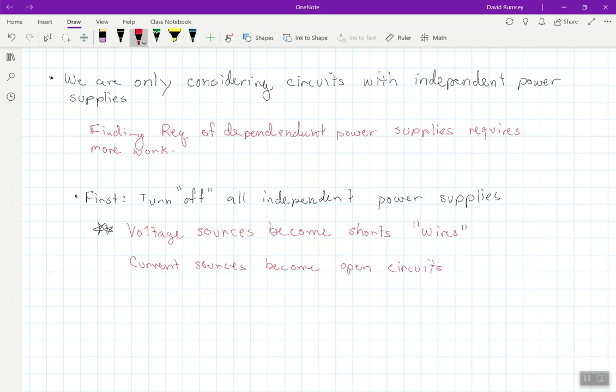And you can think about this just briefly on why this justification makes sense here. If you're turning off a voltage source, so there's 0 volts, well, what's a circuit element that has 0 volts dropping across it? Well, you might say, well, it's connected to ground. Yeah, but I'm trying to think of a circuit element. It's a wire. From a theoretical standpoint, we say the voltage drop across a wire is 0.